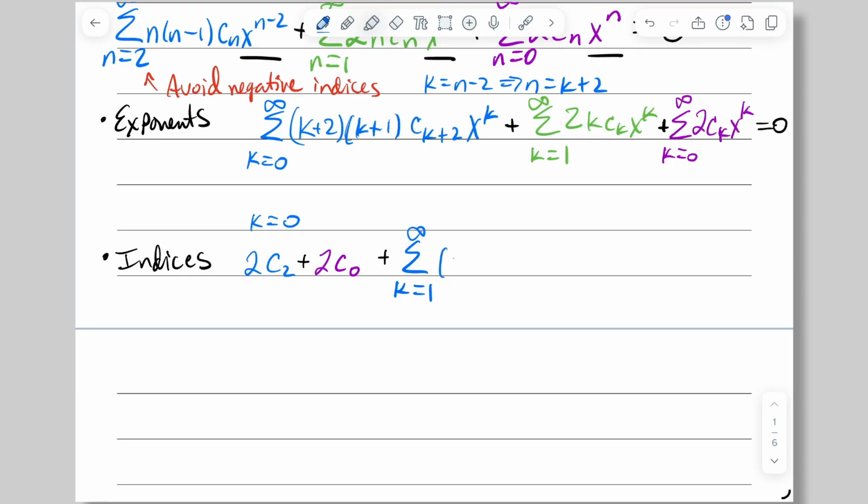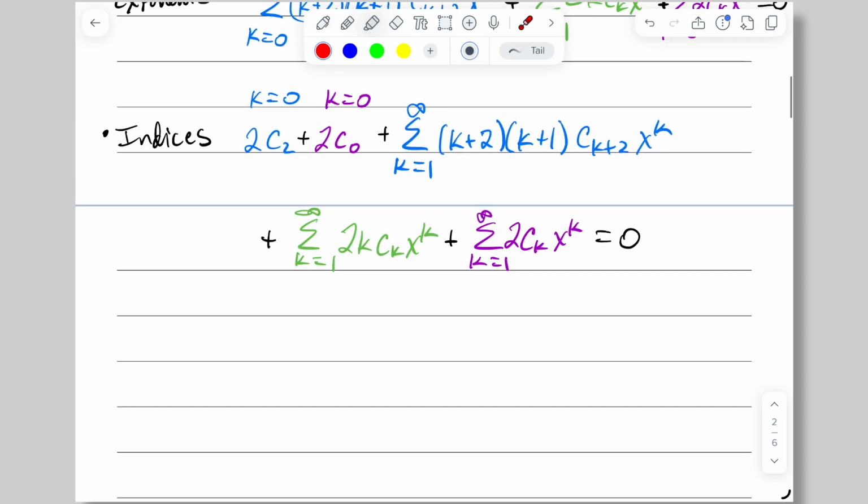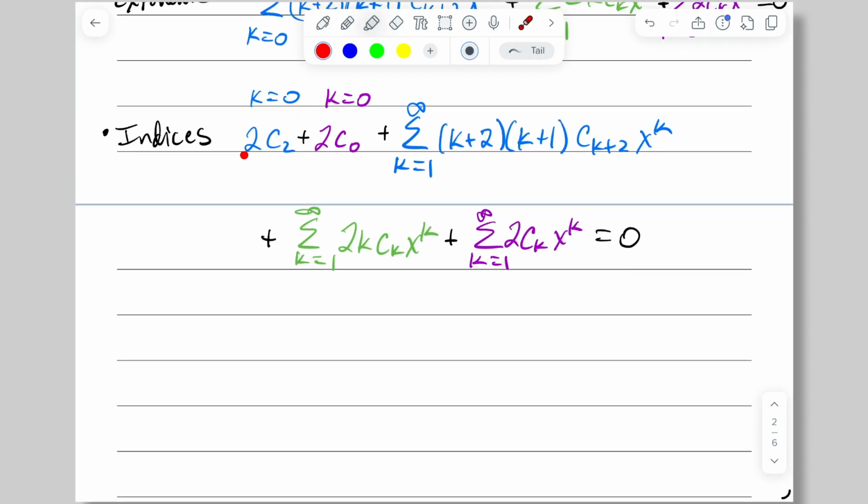Nothing else about any of the sigma expressions changes. So let me just get these down. And now what we have are two terms, 2c2 plus 2c0, plus 3 sigma expressions, all of which have the same starting value, and they all feature x to the k. So we can combine those into a single sigma expression.